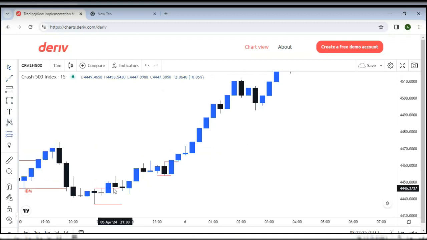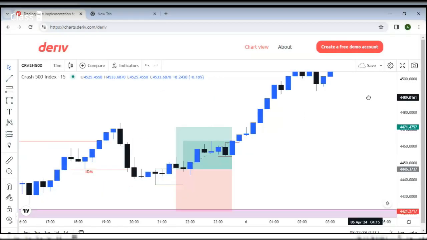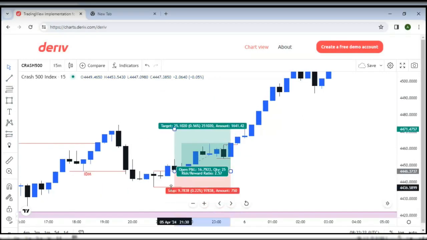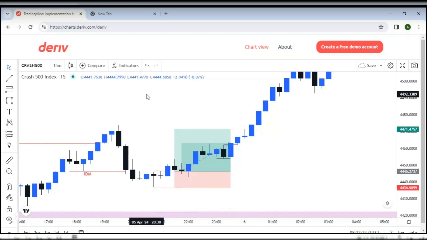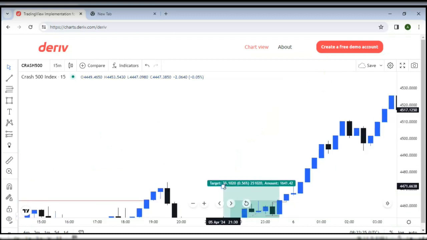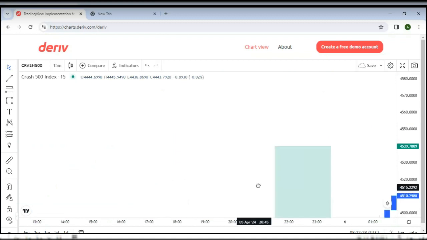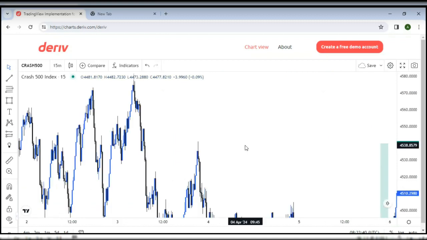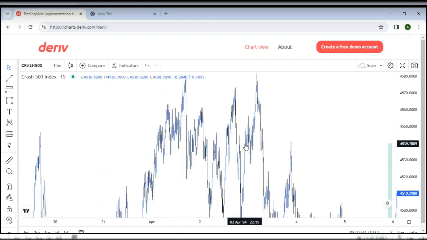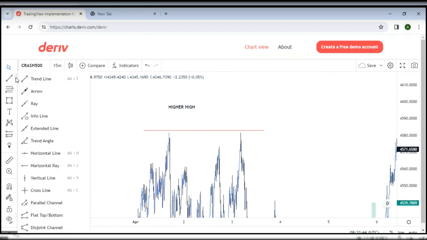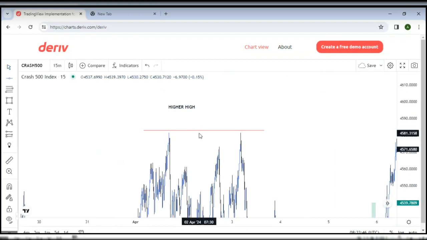So I have one entry here. One of my entries was here, stop loss here, and then my TP will be the H4 high, which is here. So this was the H4 high. Let me put a line there.